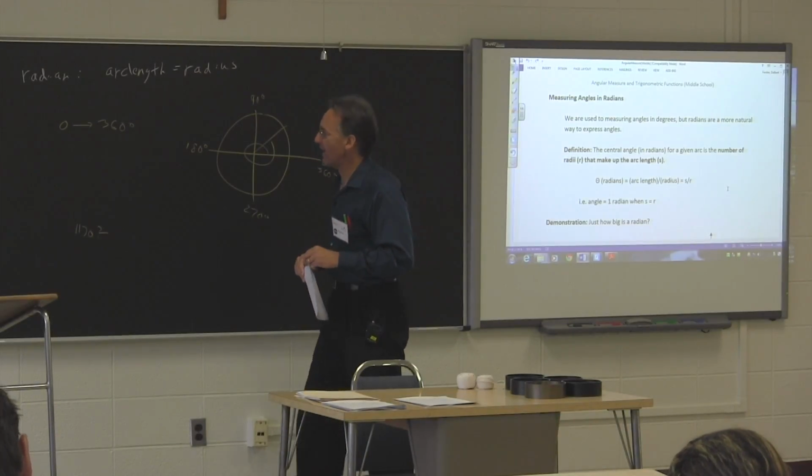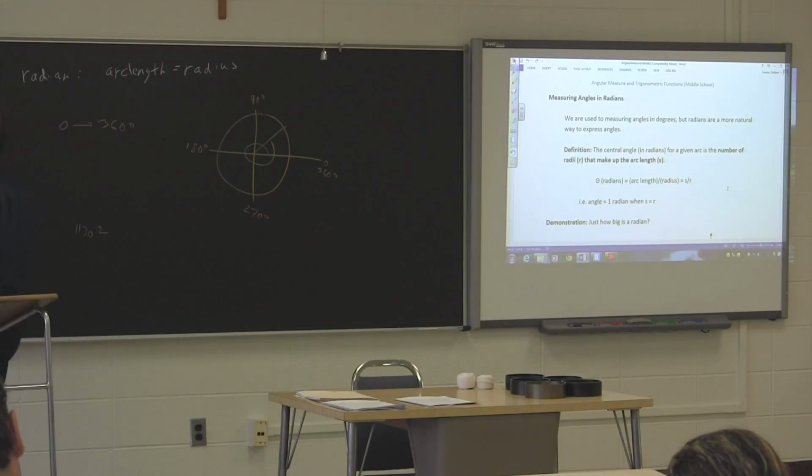What's nice about it, however, let me draw a different angle that will not be exactly 1 radian. So our arc length is S, and our radius is R.